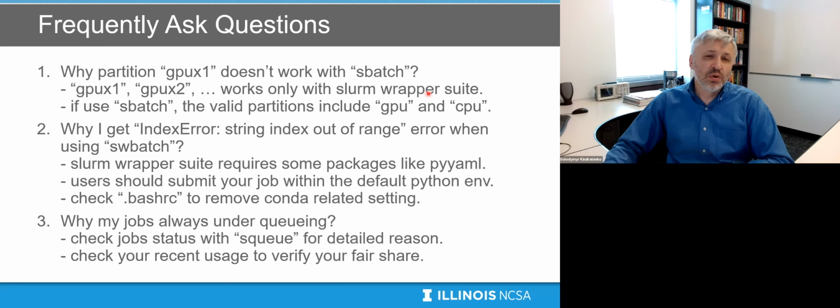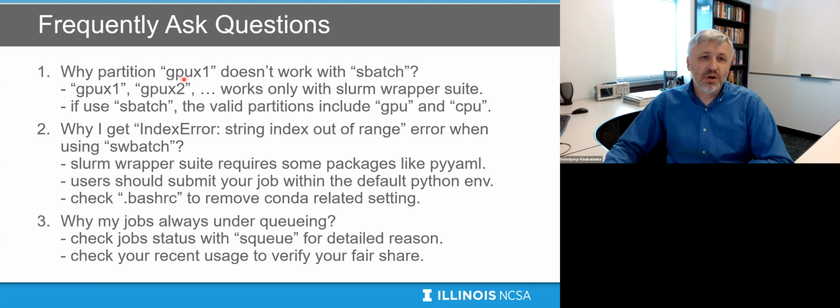If you do not want to use our wrapper SWbatch, but instead you want to use SBatch directly, which you're also welcome to do, then there is a different set of partitions. There is a GPU partition and there is CPU partition, and we just allocate resources based on other indicators for those partitions.